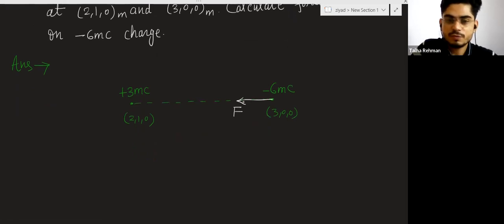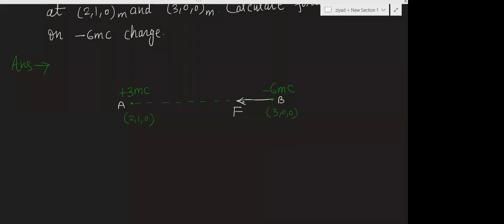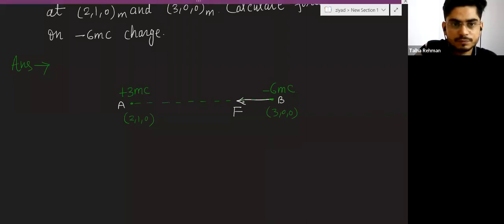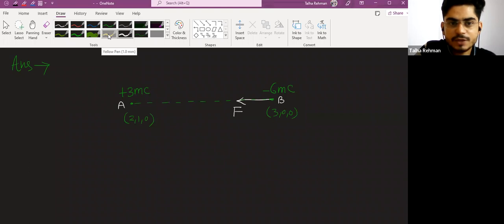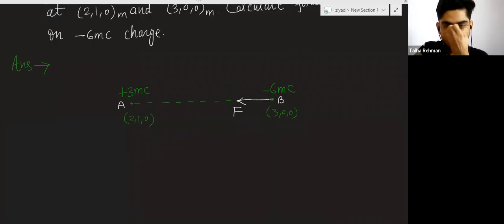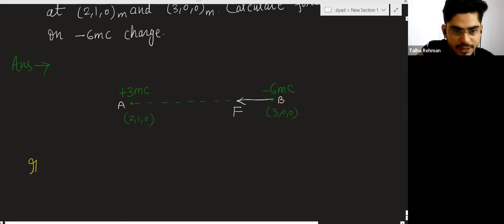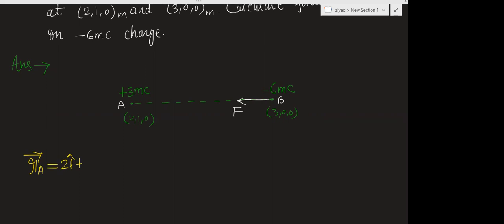So first you should write the position vector of this and the position vector of this. I am supposing this as point A and this as point B. If the coordinates are given and you want to write the position vector RA, you will write 2 i cap plus 1 j cap.